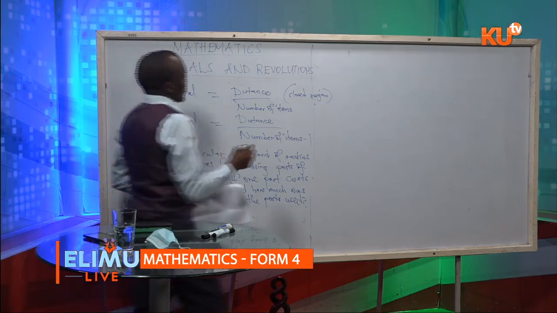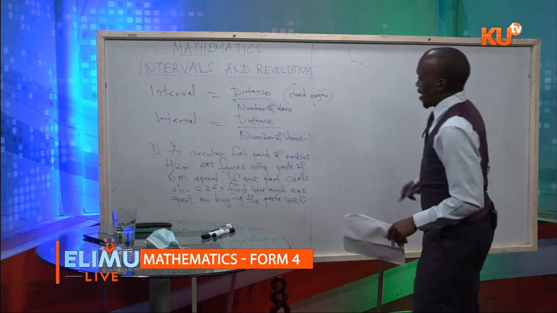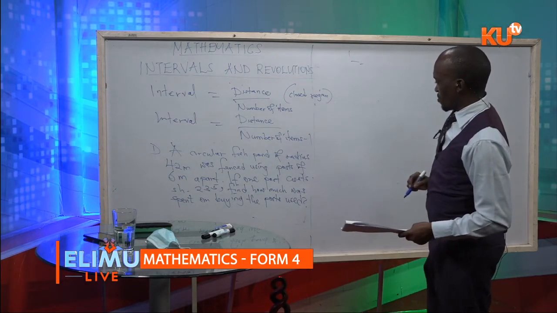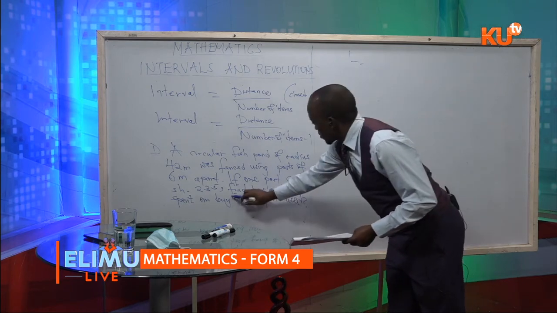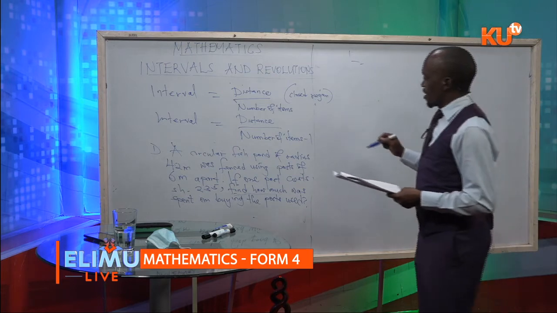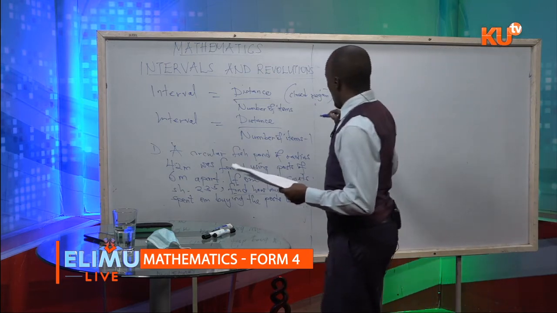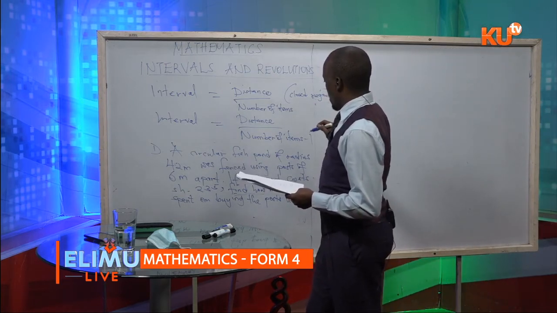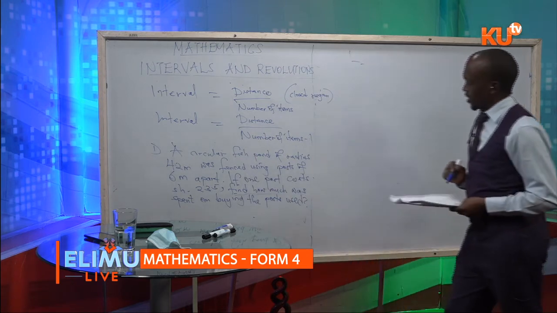First, you come back to the formula. We want to know the amount that was used here. To get the amount used, we have to first get how many posts were used in this place.